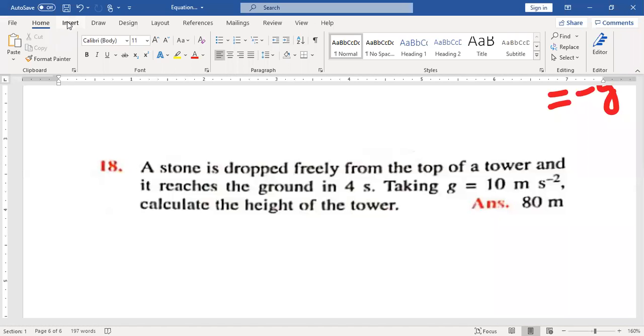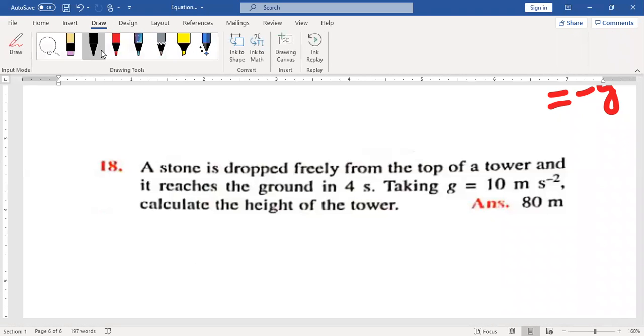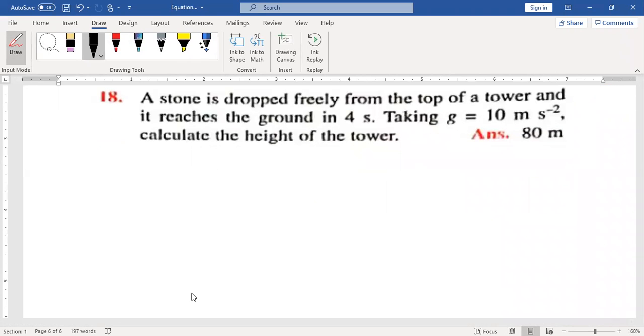Students, similarly, you can see question number 18 in your book of physics given on page number 81. So here also a stone is dropped freely from the top of a tower and it reaches the ground in 4 seconds.